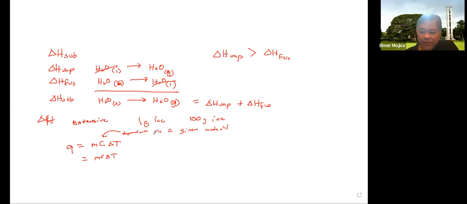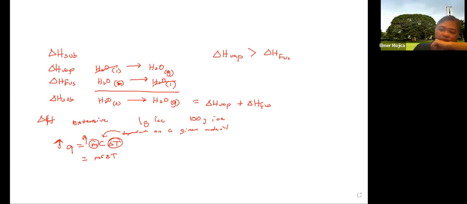Okay? So, ang nagbabago dyan, ito, tsaka ito. If you're going to look at it, the higher the mass, the higher the energy. The higher the change in temperature, the higher the energy. So, dyan siya directly na naapektuhan. Yung C, dependent yan doon sa given material.